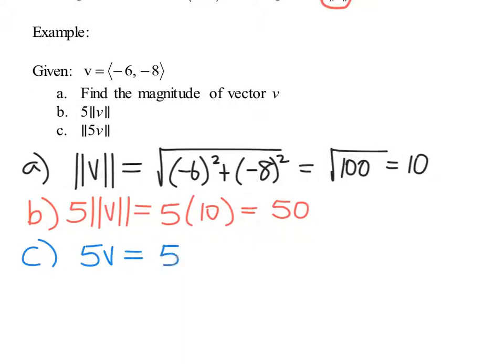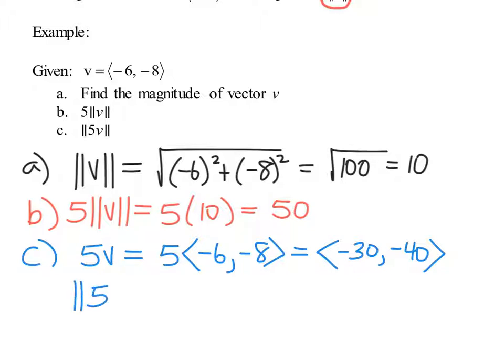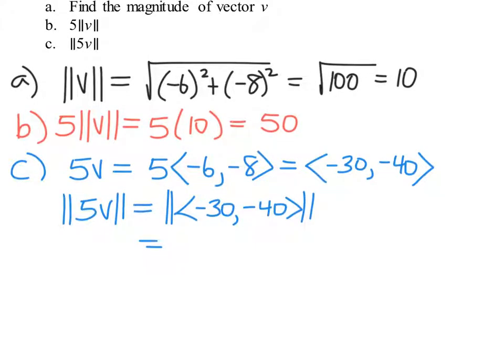That's the same as 5 times <-6, -8>, which would be <-30, -40>. If I'm looking for the magnitude of 5v, I'm looking for the magnitude of <-30, -40>. And it's Pythagorean again. It's really just the Pythagorean theorem.